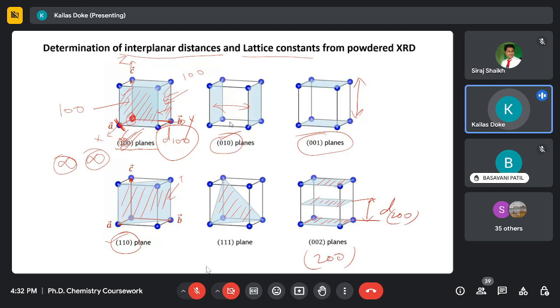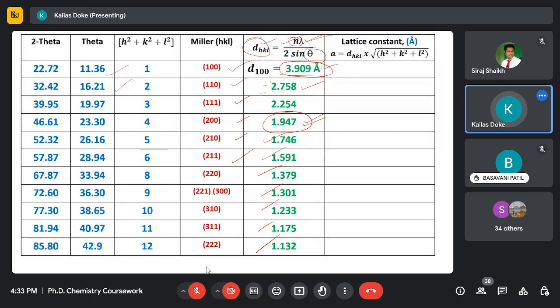So after getting these d values, we can calculate the lattice constant with the rearranged Bragg's equation using 1 by d square is equal to lambda square upon h square plus k square plus l square values, and taking the square root of that, rearranging the equation, we can find out the lattice constant for all cubical crystals, whether it is a simple, body centered or face centered cubic lattice.